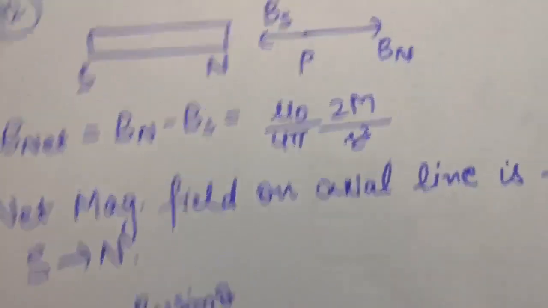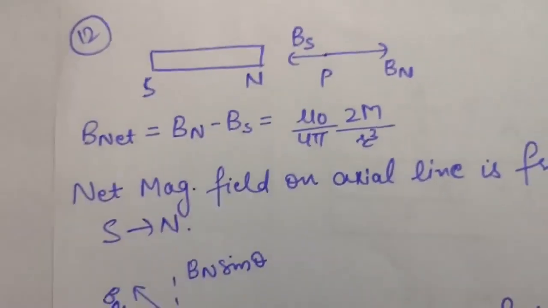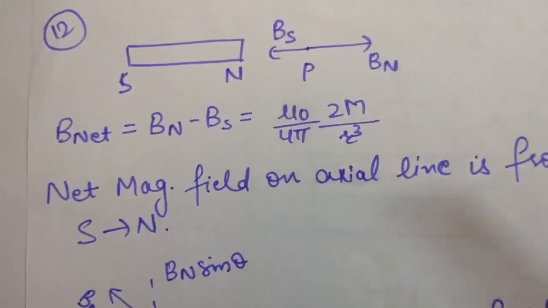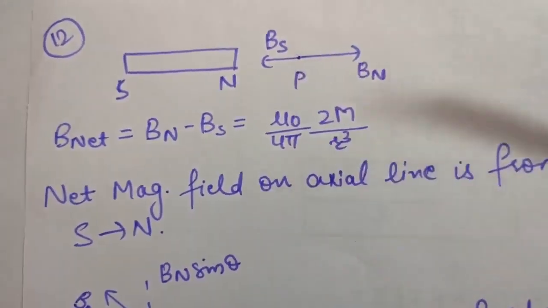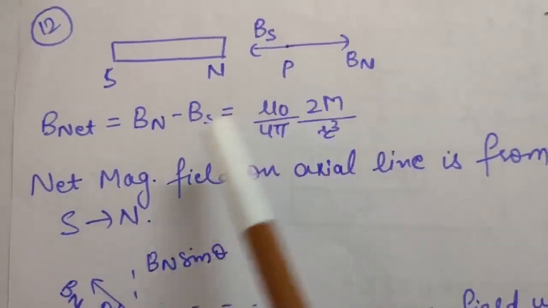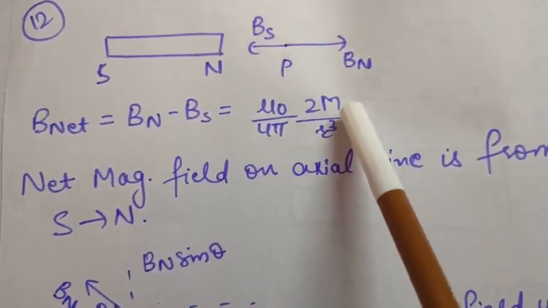Question number 12 says that you have a bar magnet and a point P which is lying on the axial line, and you have to calculate the magnetic field. As we have calculated in the theory lecture, the magnetic field comes to be Bn minus Bs, which is mu naught upon 4 pi, 2m upon r cube.